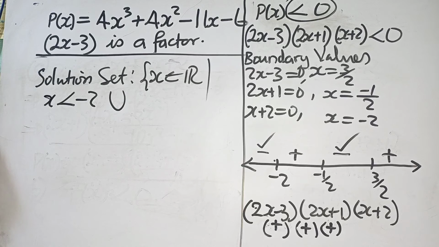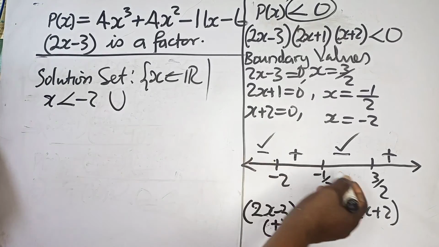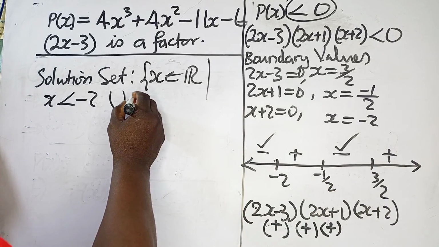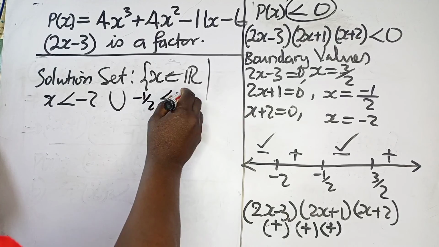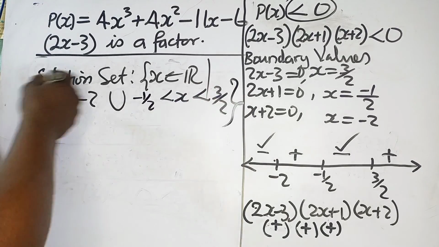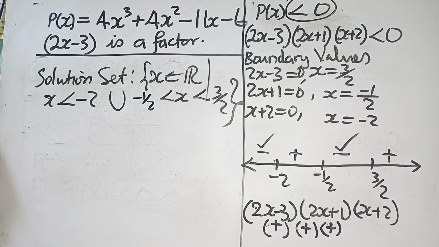All right, or means union. Or x belongs to this zone. What is this zone? Negative half less than x, x less than 3 all over 2. All right, so this gives us our solution set for the inequality p of x less than 0.